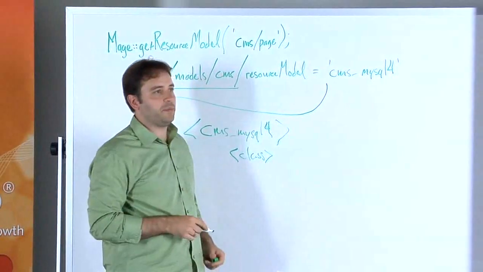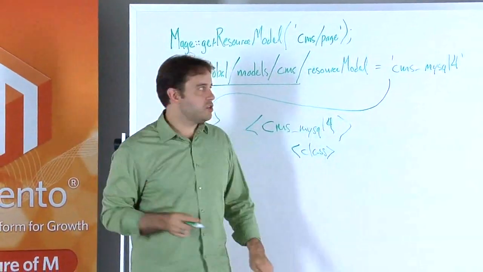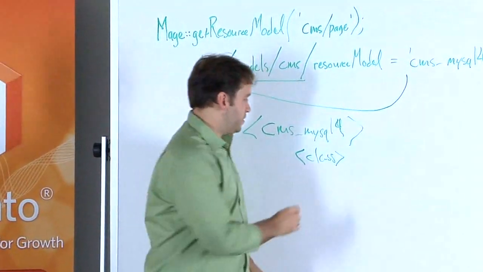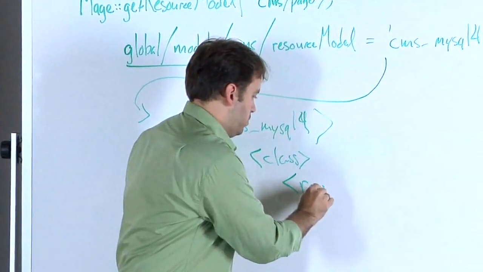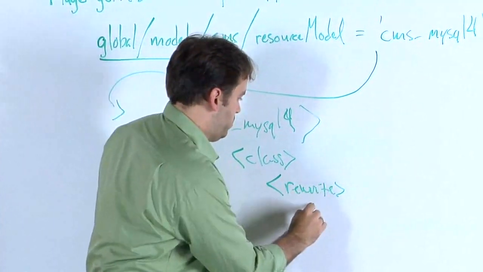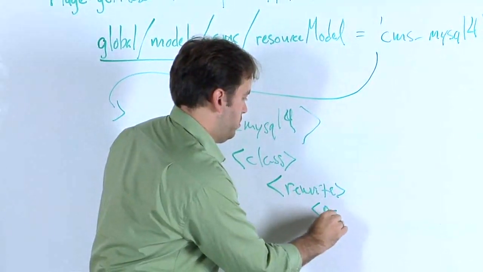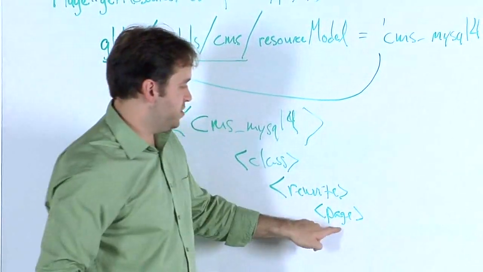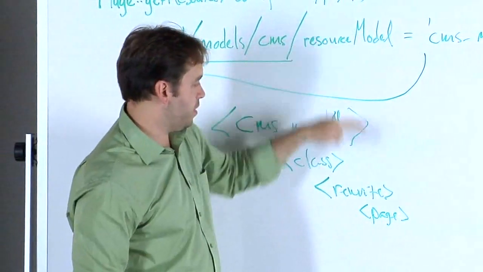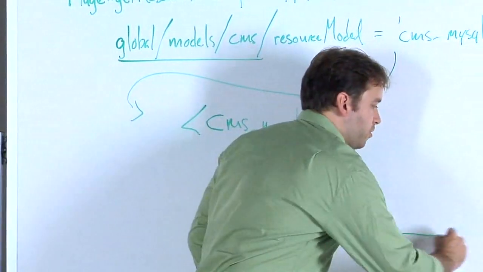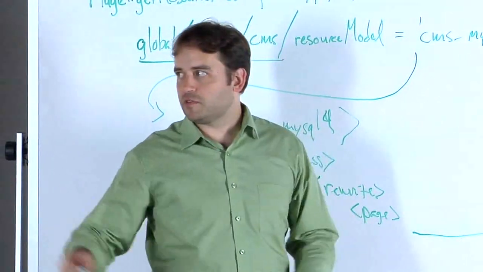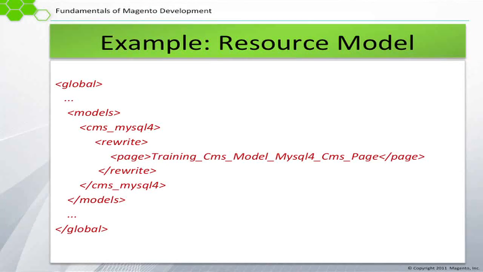So the exact same thing happens, because we match page against rewrite page. If this is found, when we go here, we just use whatever class we specify. In this case, training CMS model MySQL 4 CMS page.